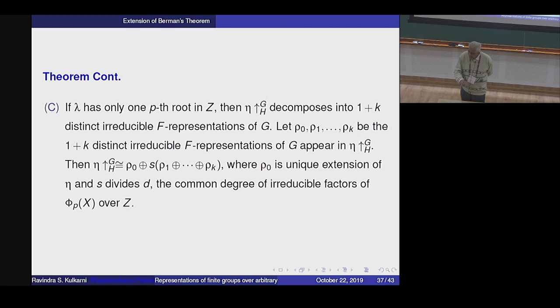That is this factorization of the cyclotomic polynomial. So if the cyclotomic polynomial factors into k factors, then the representation will split into 1 plus k factors. The factorization is over Z, you keep that in mind.